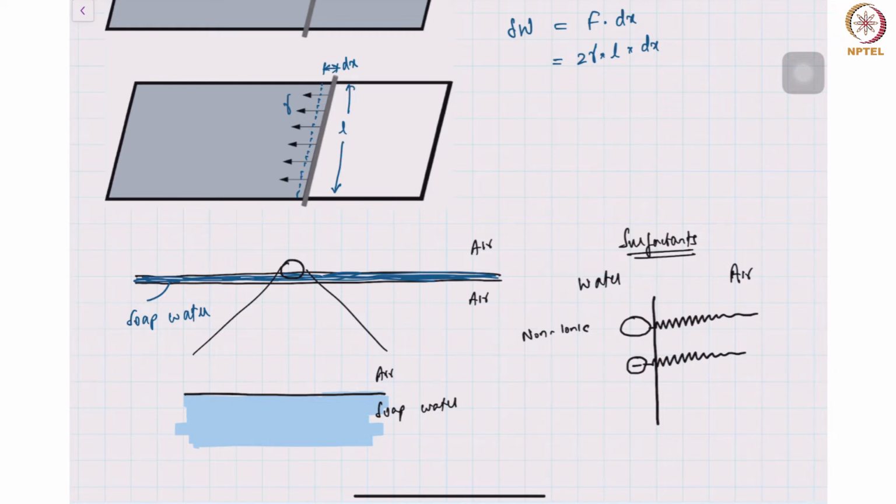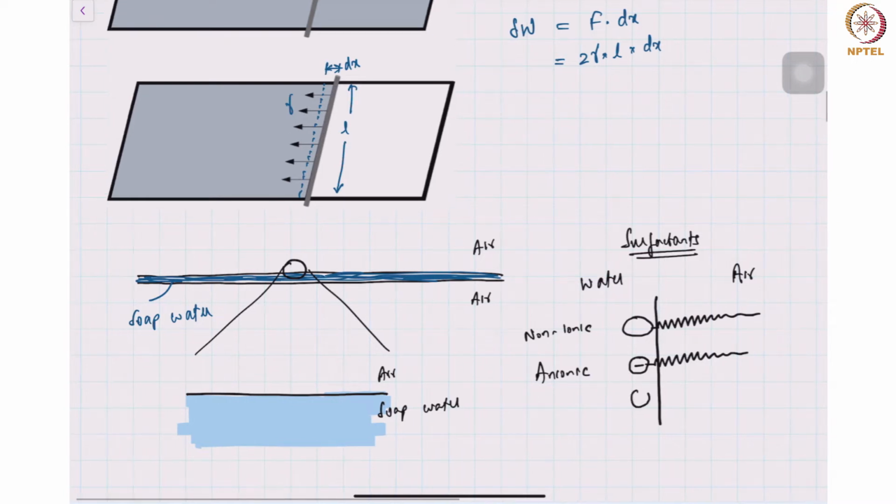So this is a hydrophobic part and a hydrophilic part. This is an anionic surfactant. We can have cationic surfactants. And finally, you can even have surfactants which have both groups on their head.